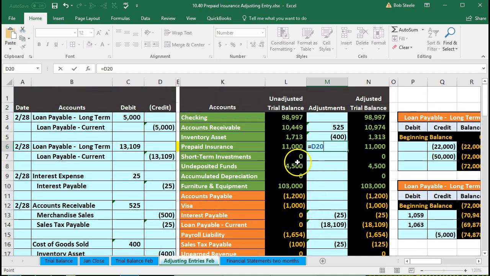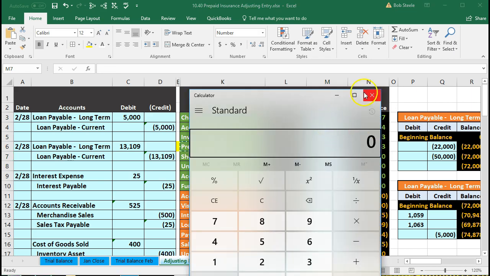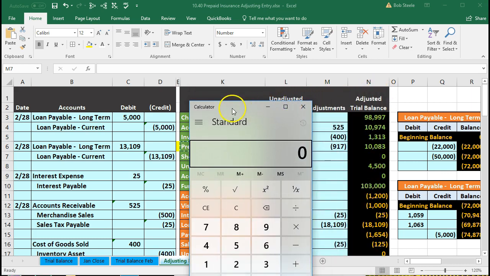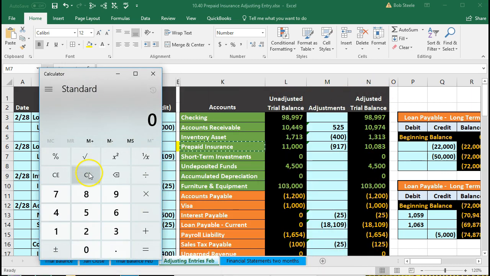When we select equals, it's going to take this 11,000 down to 10,083. So that's going to leave us, if we say that the 11,000 was 12 months and 1 month has now passed, this 10,083, if we divide that by the number of months left, which is 11 months, we get that 917, that 1 month worth.